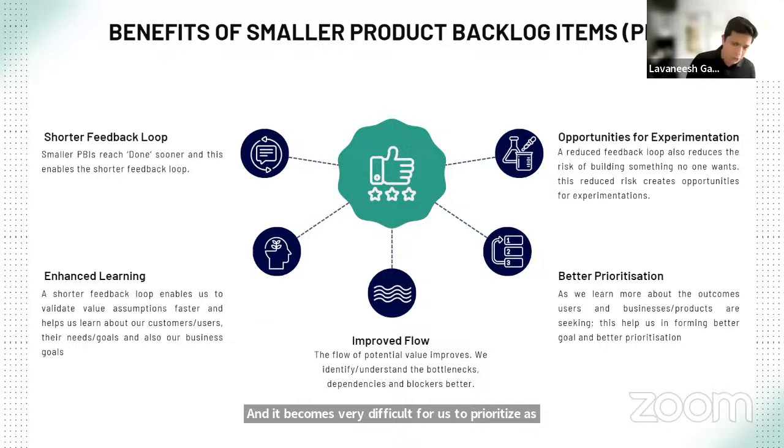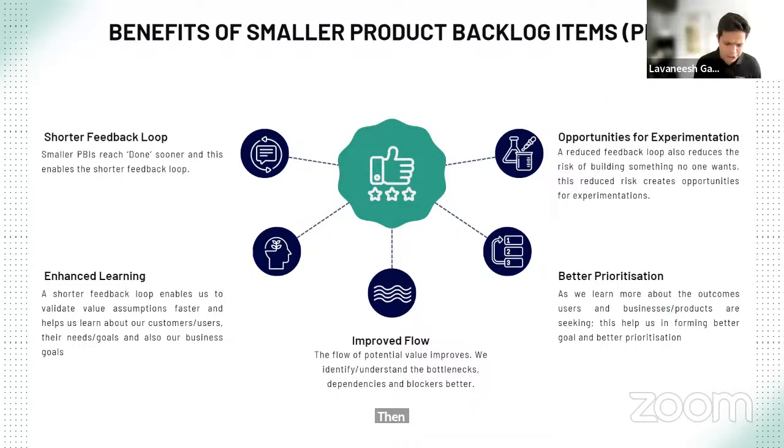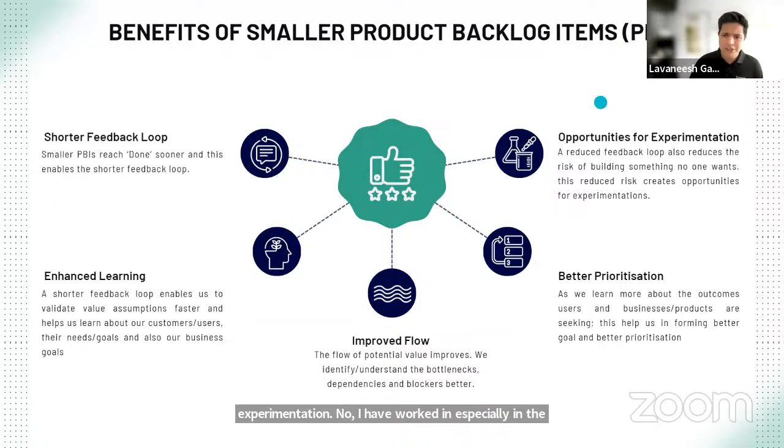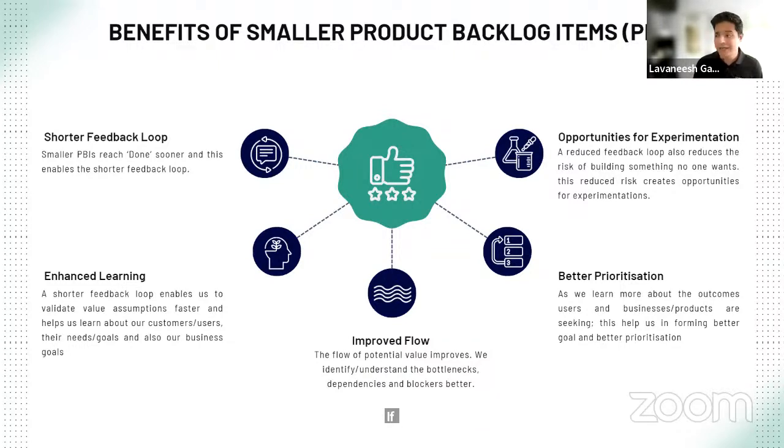Then, this one again, opportunities for experimentation. Whenever I have worked, especially in big organizations, they sometimes hate this word experimentation. My theory on that is that those risks are quite big. If you've done an experiment and that experiment fails, sometimes it's a big cost to the organization.